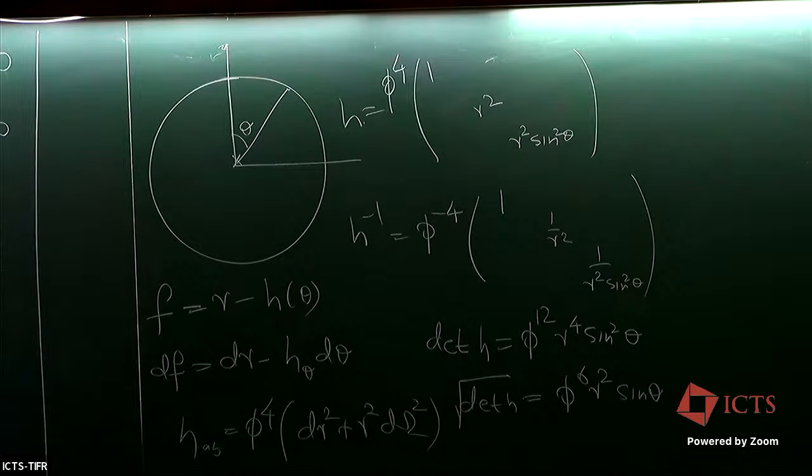I raise this index first, and each time I get the conformal factor, take it into account. If you do that, I claim the solution is the following: phi to the minus 4 times del by del r minus h' theta on r square del by del theta.